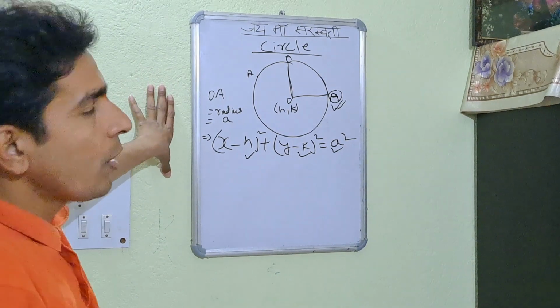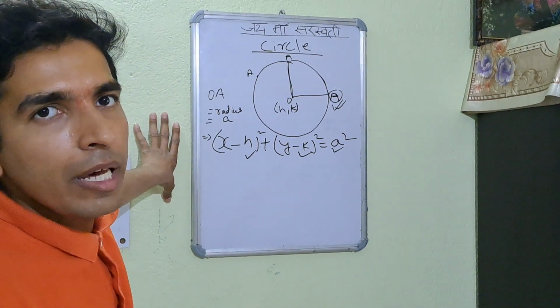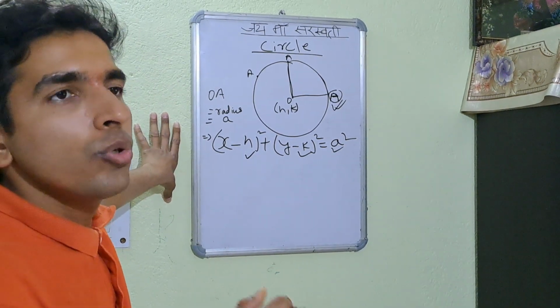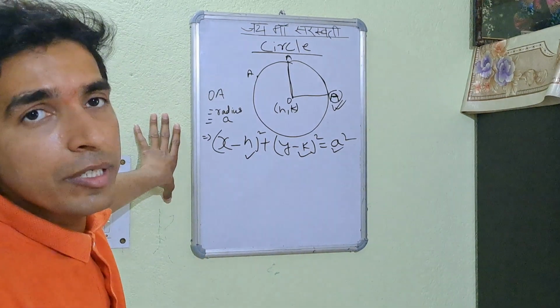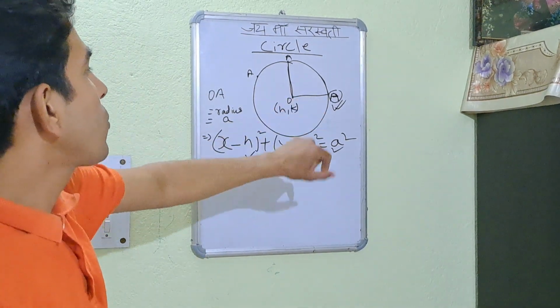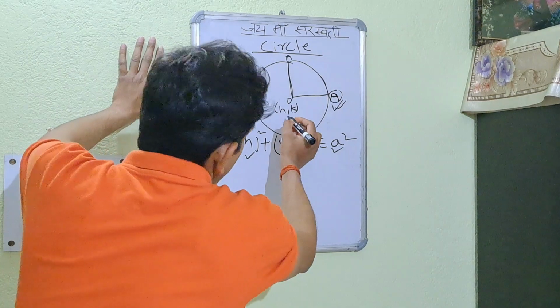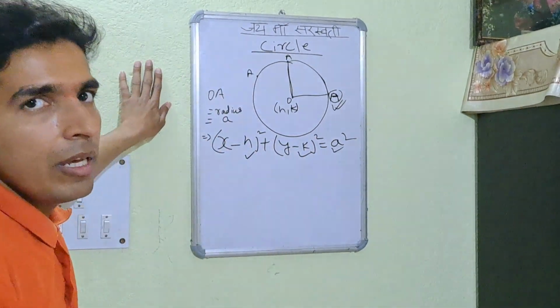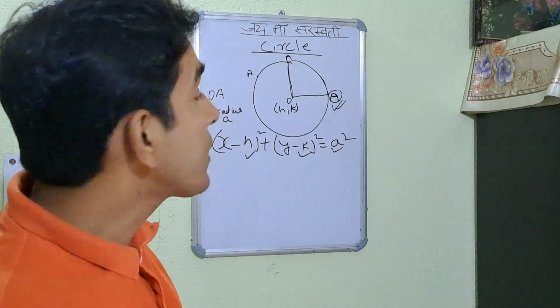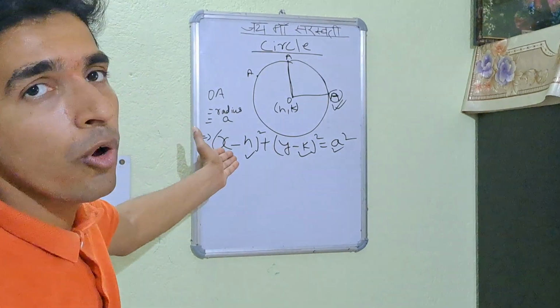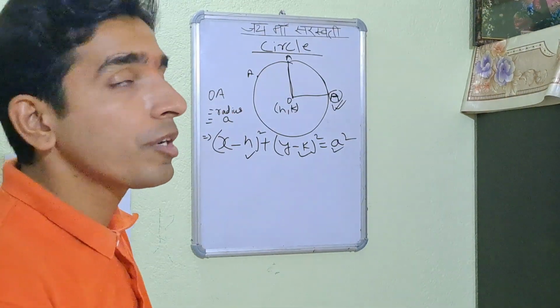In the question there will be two known parameters, and we will be told to calculate the third parameter. Suppose the coordinate of the center is not given and the radius is given. In that case we will use this particular formula to calculate the coordinate of the center.